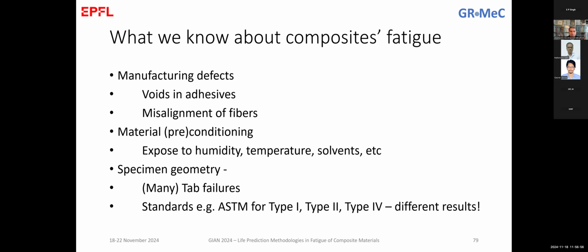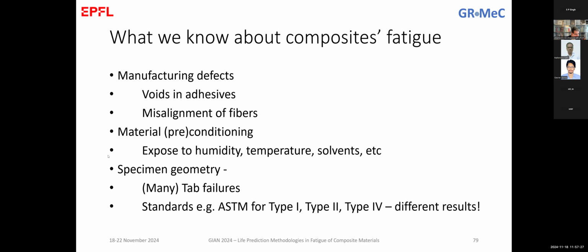The polymers that we usually use have a low glass transition temperature, so they go from the glassy state to the rubbery state at low temperatures, which means that in operational conditions, in the open air, they might face transitions between different states of the material.